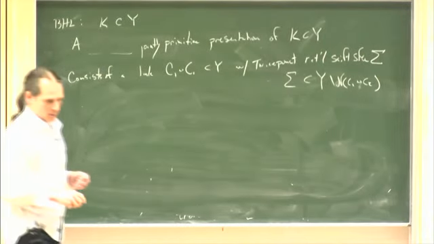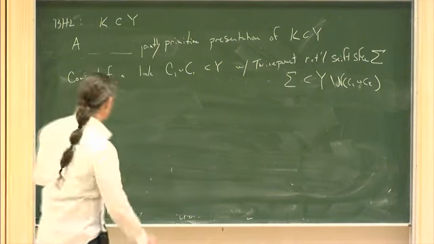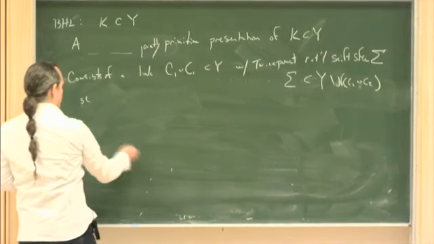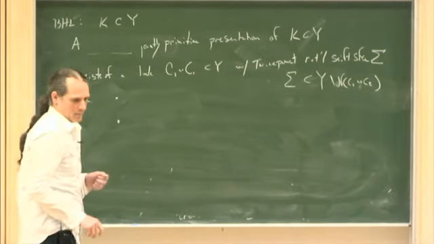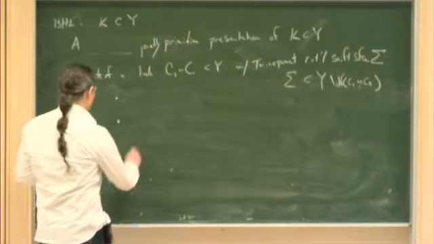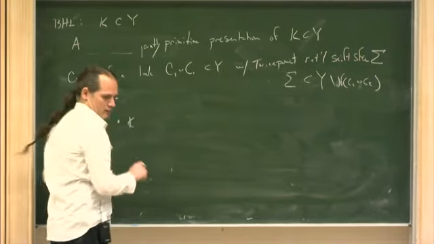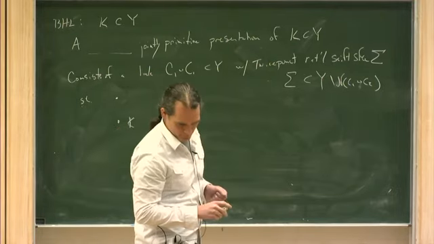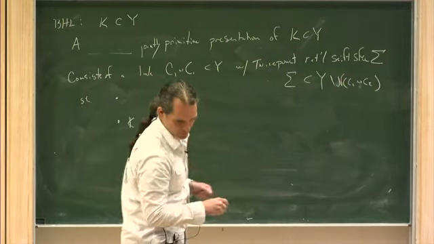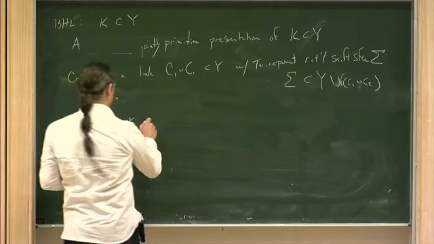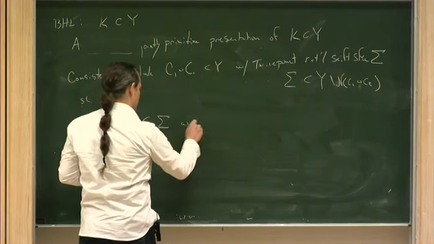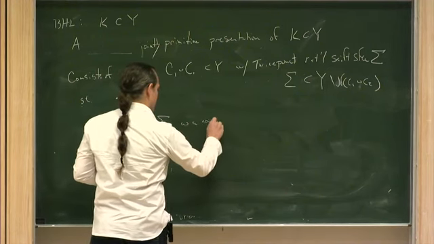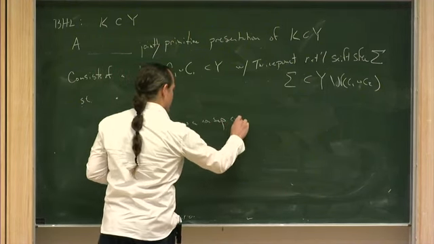Okay, and so that what? Let me leave one thing off there for a second. Well, so that, I guess we want K embeds in sigma as a non-separating curve.